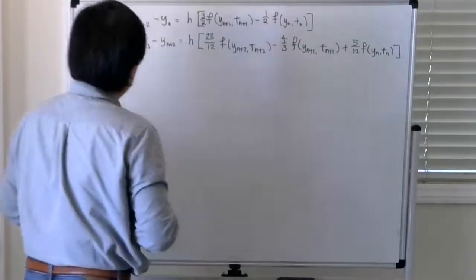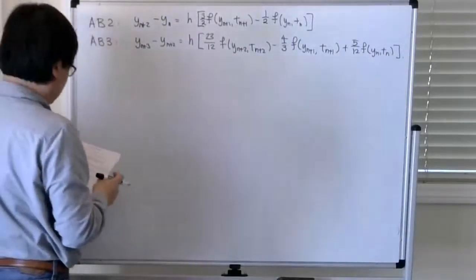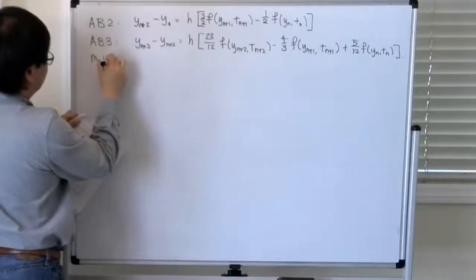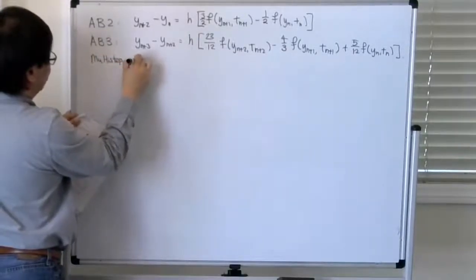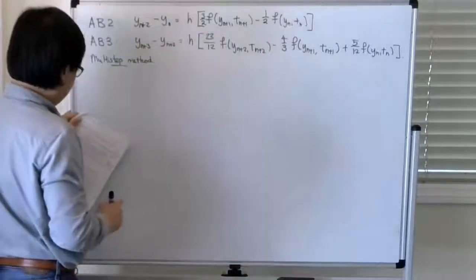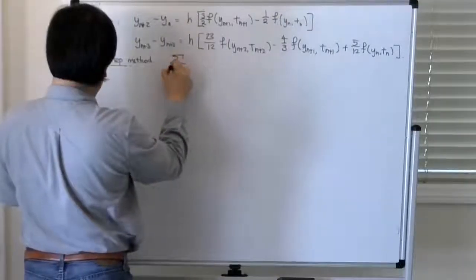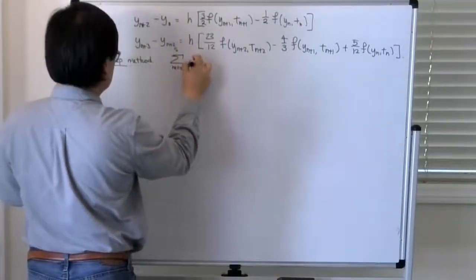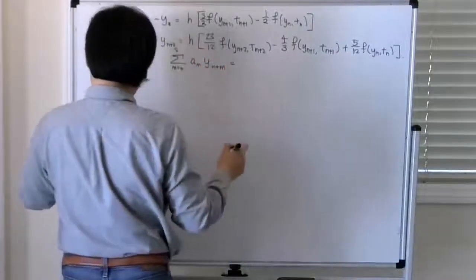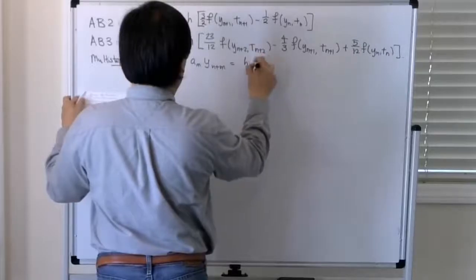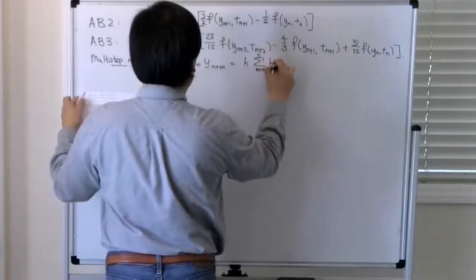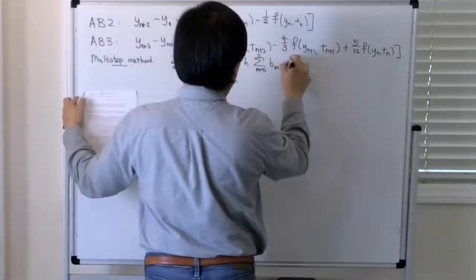Okay, and I've written this in the following way because they're structured in this canonical representation for a multi-step method, which is the sum from m equals 0 to s of a_m y_{n+m} is equal to h times f multiplied into the b_m coefficients.